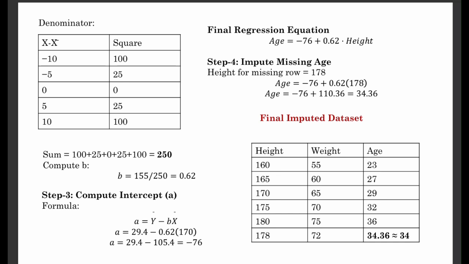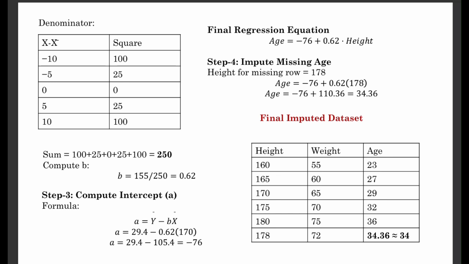So our regression equation is age is equal to minus 76 plus 0.62 into height. Step 4. For the missing row with height equal to 178, age is equal to minus 76 plus 0.62 into 178, which is substituting the height value in the regression equation. So we will get 34 approximately.